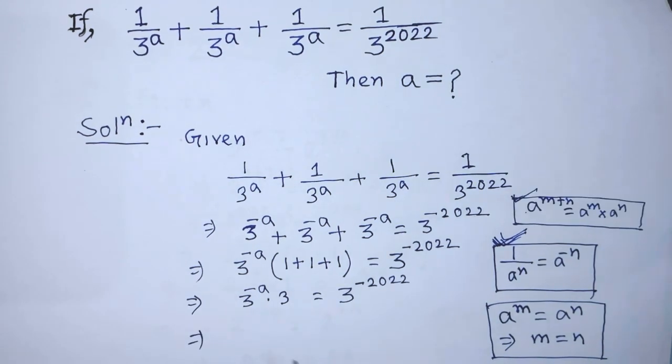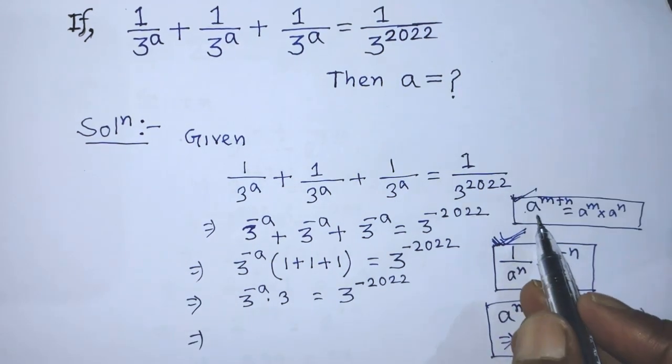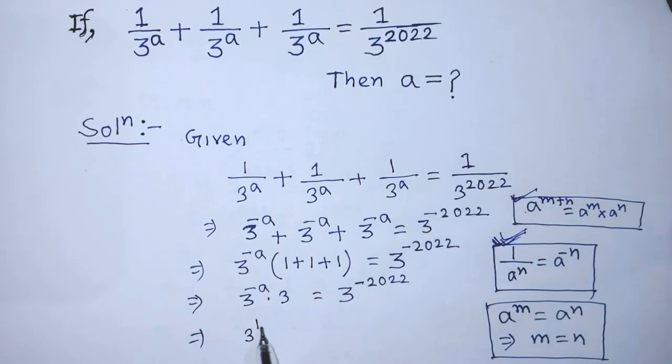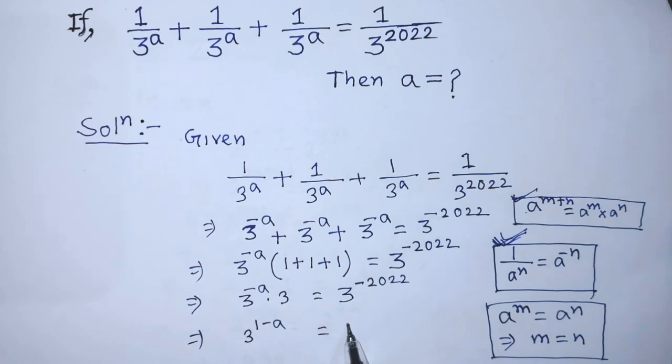So student, on the left hand side according to this formula we can write 3 to the power 1 minus a from 3 to the power minus a times 3 is equal to, on the right hand side again we have to write 3 to the power minus 2022.